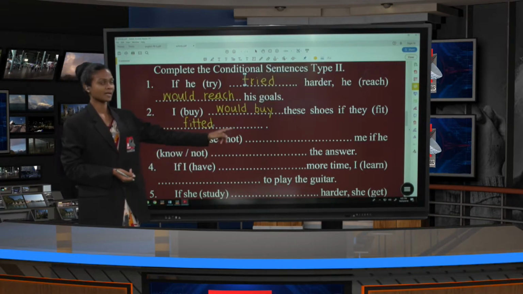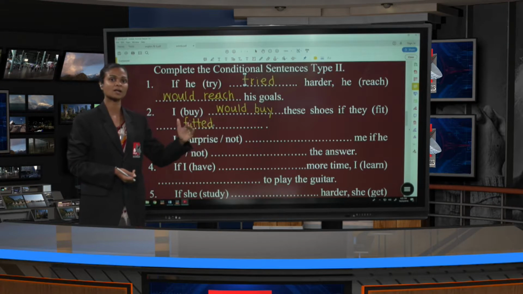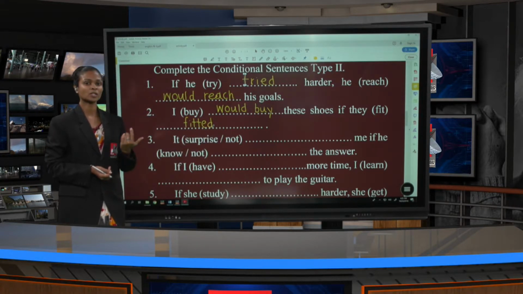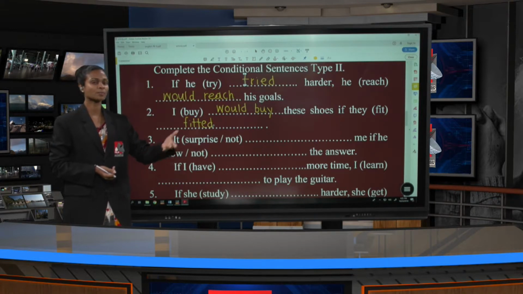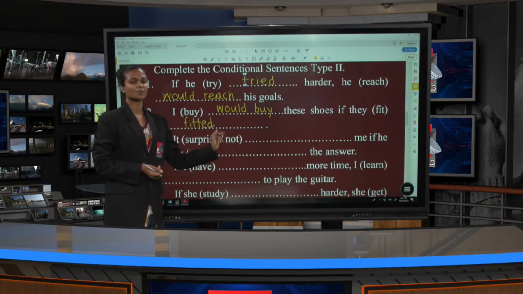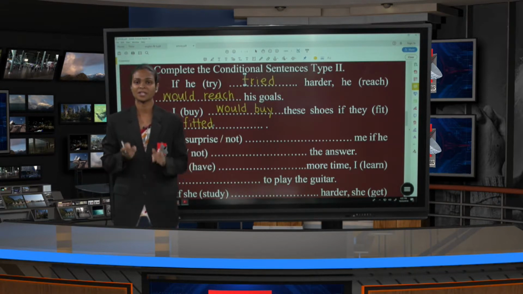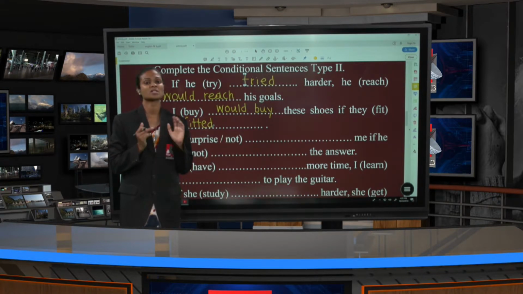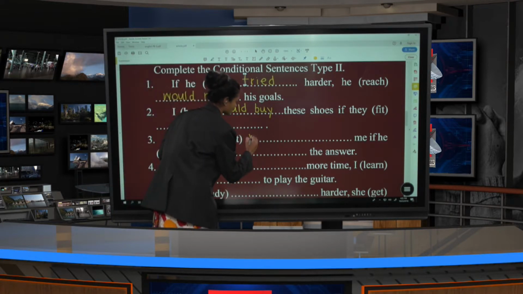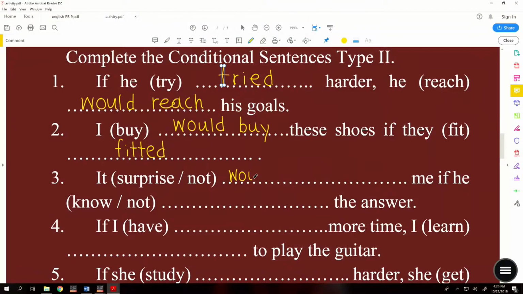It blank me. The main clause should be constructed with would plus verb. It would not surprise.